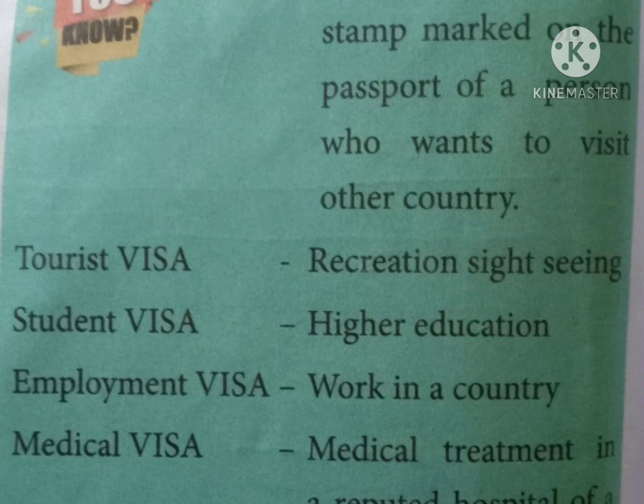Employment visa means permission to work in a particular country. And next one is medical visa. Medical visa is for medical treatment in a reputed hospital of a country. If you stay in that country longer than those days, they won't allow you. So visa is a kind of permission document. It is very important to stay there.